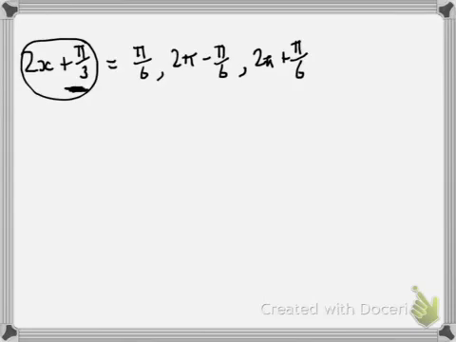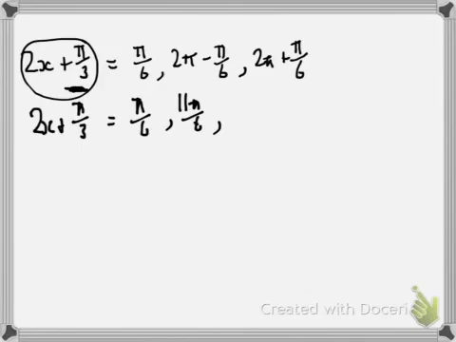Okay, this is where we've got to. Alright, so 2x plus pi on 3 equals pi on 6, 11 pi on 6, and this one here will be 13 pi on 6. Rightio.